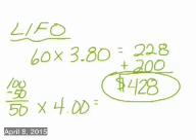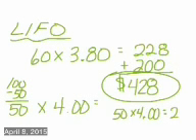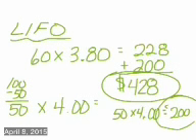So, to figure out the value of my inventory, I have 50 left at $4. What's 50 times $4? 200. So, the answer to number 4 is 428 is how much money we sold, and 200 was how much we have in inventory on hand.